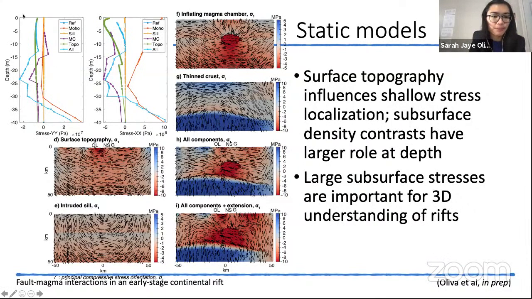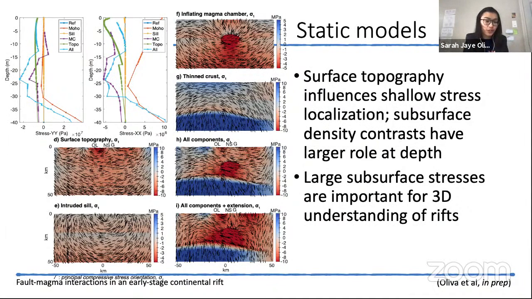The amount of stress or strain felt at the surface doesn't necessarily reflect the amount of stress happening at depth, which makes a lot of sense, but we need to remember this when we consider that GPS models and GPS measurements mostly constrain what's happening at the surface and not at depth.